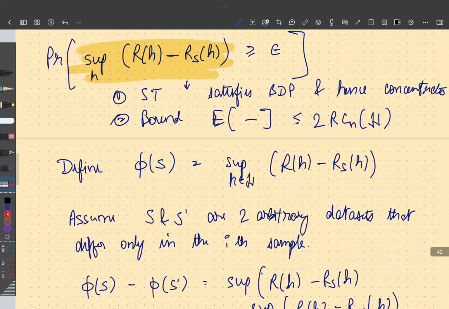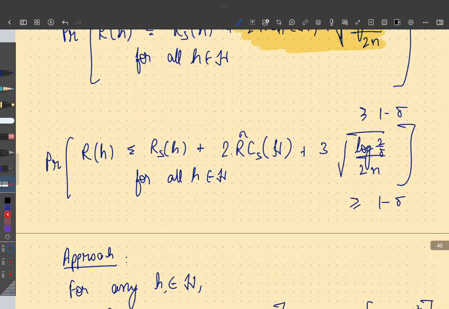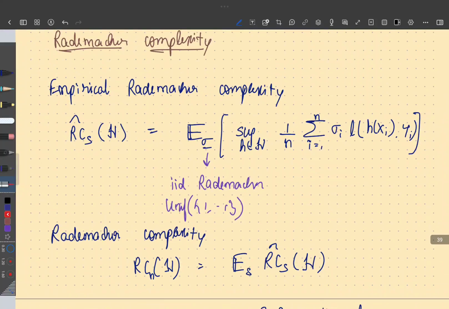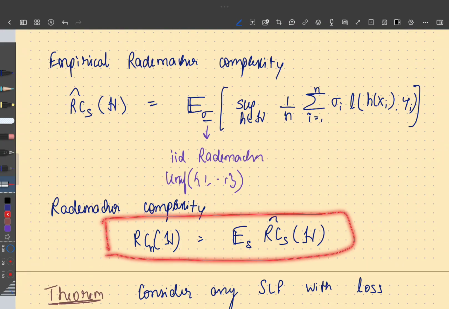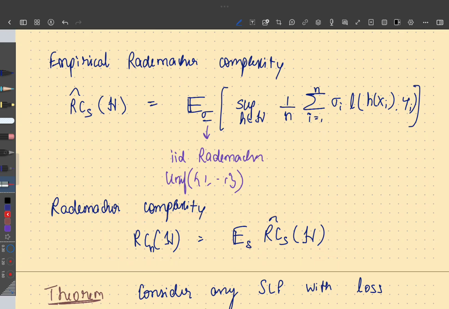If you go back to the definition of the Rademacher complexity, it depends on an expectation with respect to S, which means expectation with respect to the distribution P_XY, and you don't know that.